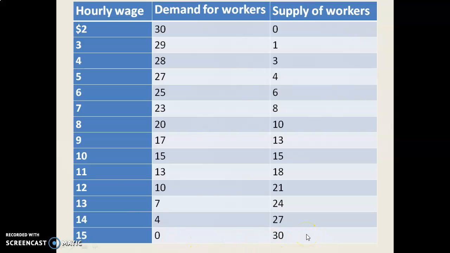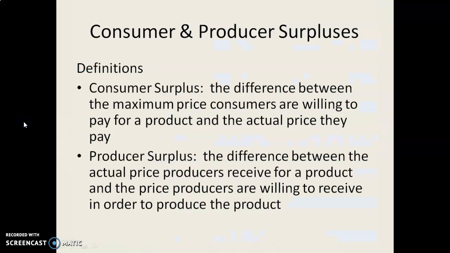So what this does is gets us to our next concept as we get into the deeper aspects of supply and demand. And that's the concept of consumer and producer surpluses. So I have two definitions for you here. The consumer surplus is the difference between the maximum price that consumers are willing and able to pay for a product and the actual price that they pay.